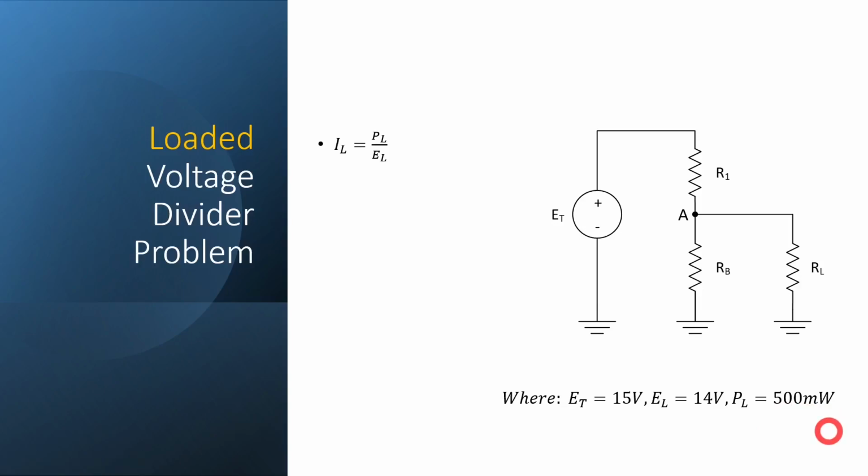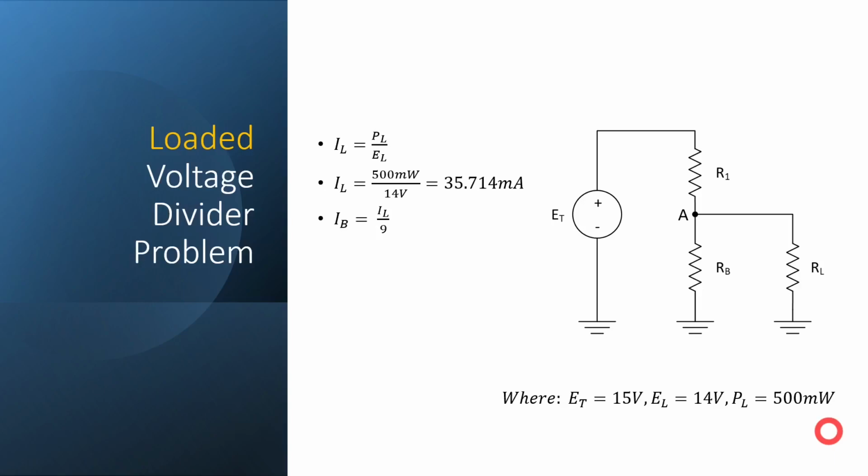So the load current, I sub L, equals our actual load wattage divided by our load voltage, and those are all givens. So we have 500 milliwatts divided by 14 volts, and that's going to equal 35.714 milliamps. Our bleeder current, I sub B, is going to equal our I sub L, the load current, divided by that 9.